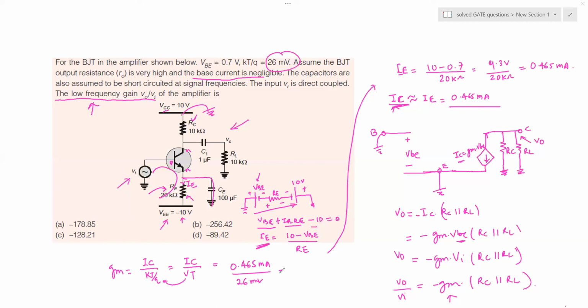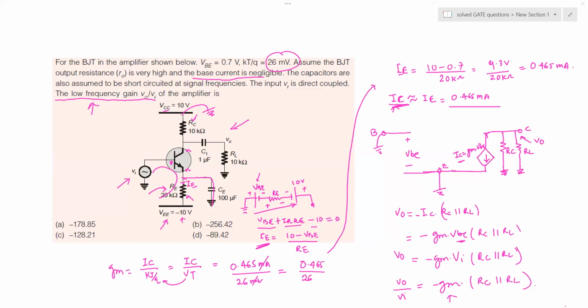So that is calculated to be, you can just cancel these two terms, 0.465 divided by 26.